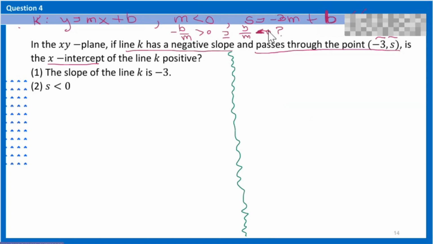Is b over m negative? Do you remember what happens when you have this kind of inequality, a over y or x over y less than 0? What does it mean about the signs of the two quantities?